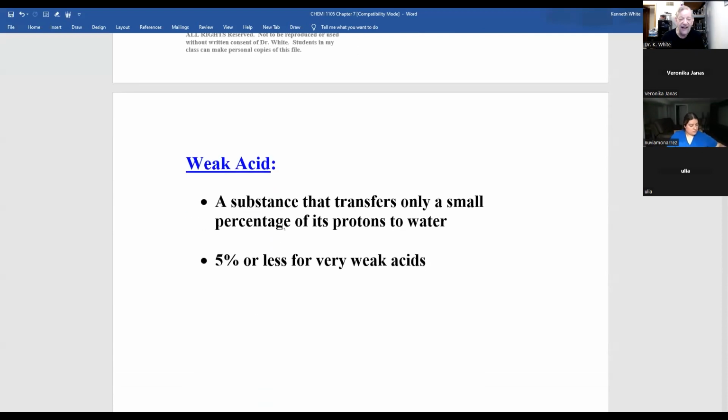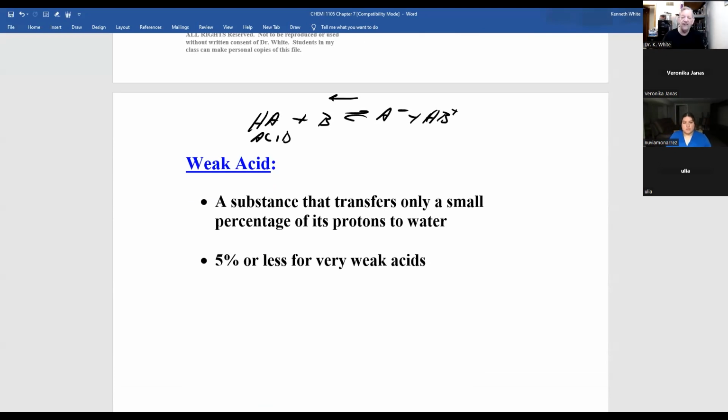Now, there are weak acids, in which the same equilibrium, when the acid reacts with a base, most of it stays here, doesn't react, only about 5%.